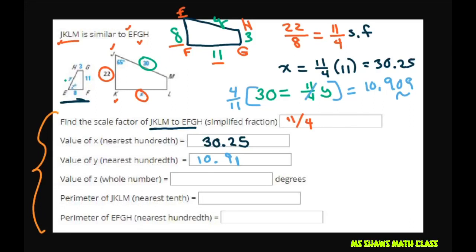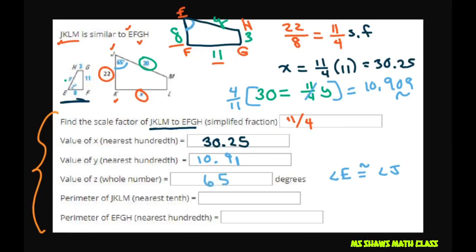All right, and Z is actually just 65 because the Z got moved here with the E. So this is just their congruent angles. So angle Z is actually E. So angle E is congruent to angle J. So just put 65 here.